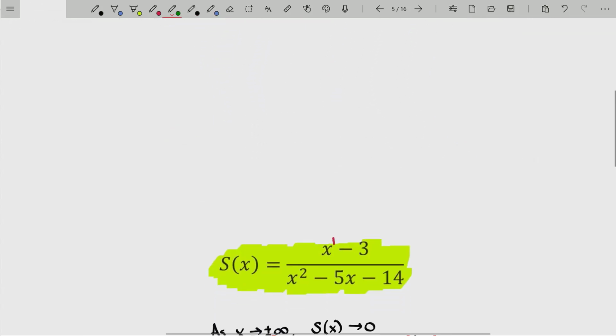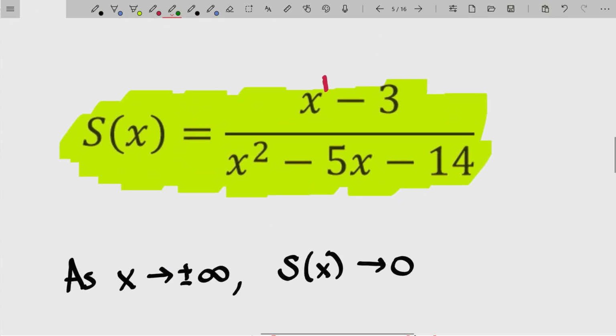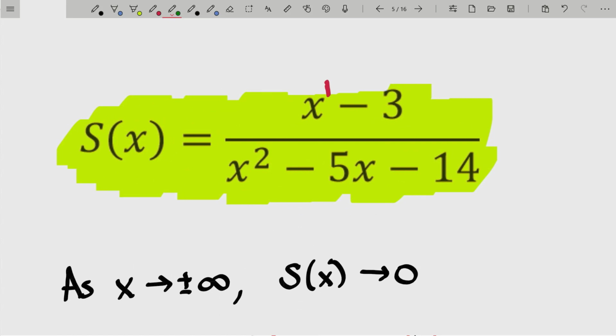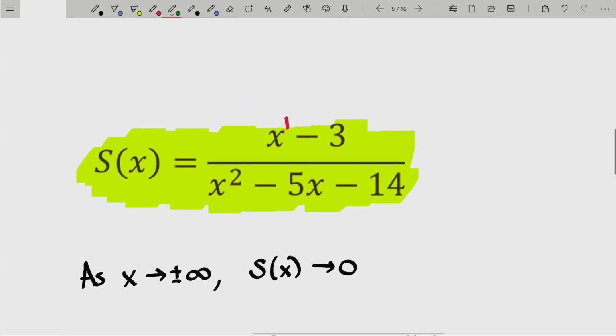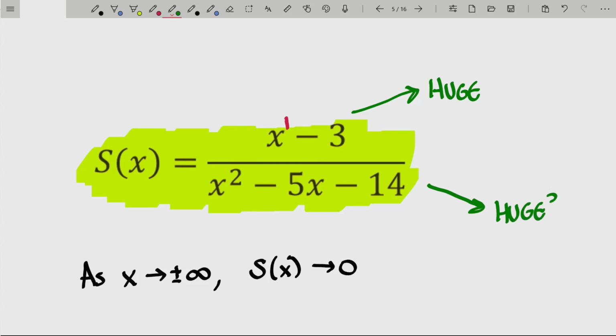If, on the other hand, the degree of the numerator is less than the degree of the denominator, then the denominator approaches infinity much faster than the numerator. You can think of it like this: if x is going to infinity, the numerator is super huge, but the denominator has gone to that super huge number squared. It's much more massive.